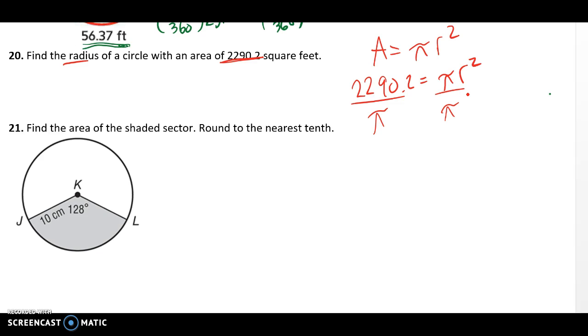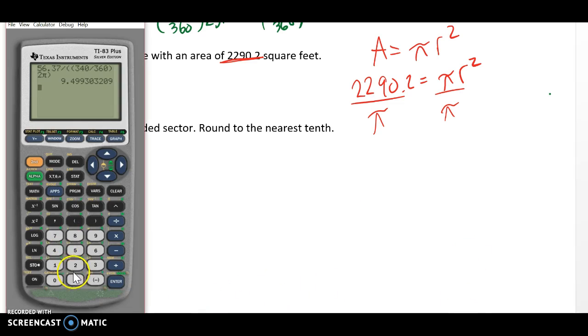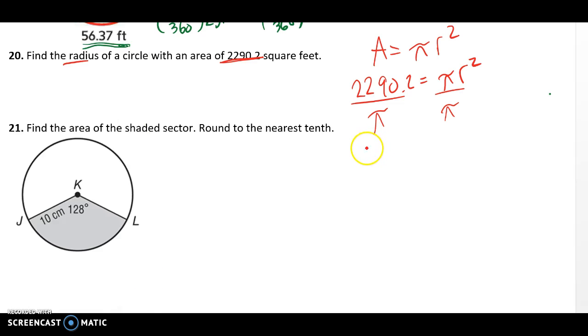After we do that, let me just do that calculation real quick. 2290.2 divided by pi. Okay, we'll call that 729. So we got 729 equals r squared.